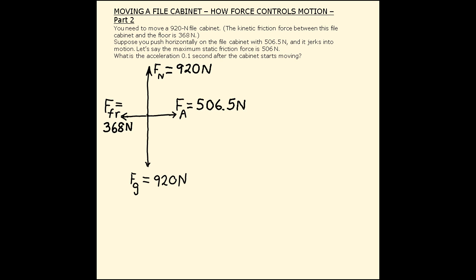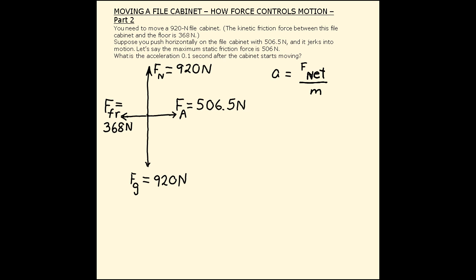So we don't even know the velocity at that point, but we can use the relationship that links motion and force. That would be Newton's second law, or Newton's first law if you have balanced forces. Right now we don't have balanced forces because the friction force is less than the applied force.